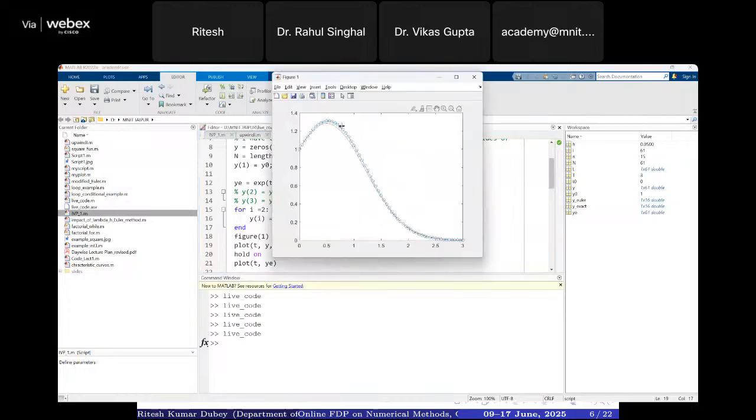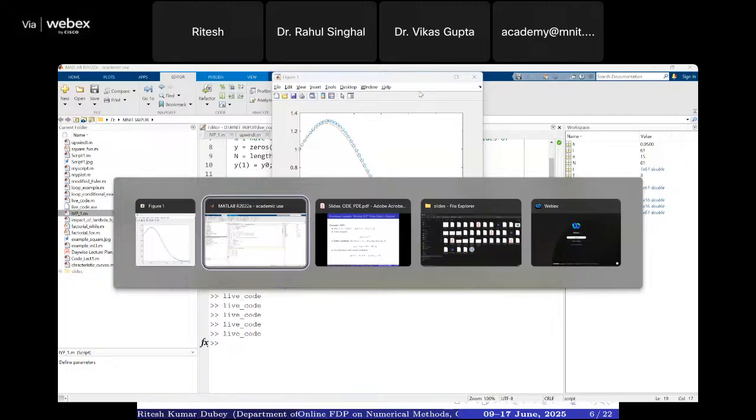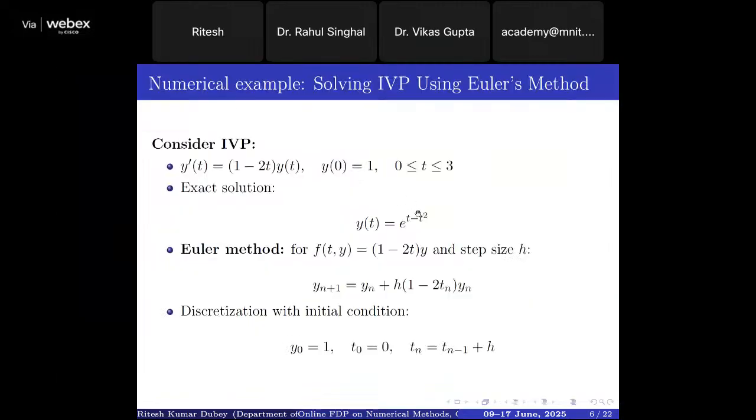So this dotted line is the approximate solution which we got from the Euler method, and this red color line is our exact solution. In fact, you can put some of the annotation also which is required.